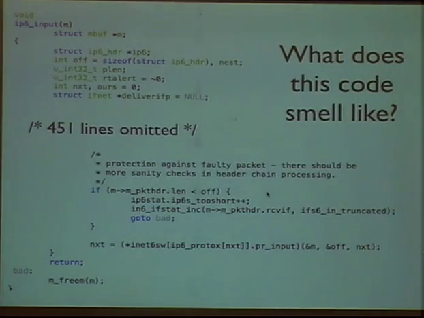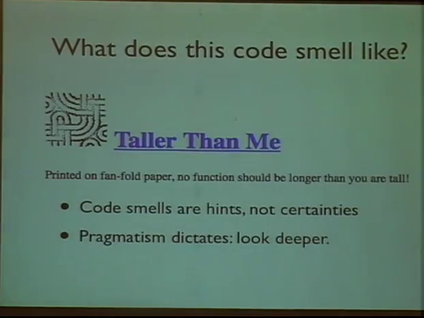But the reason why the story is there is, oh my God, 451 lines omitted in that function? This is a code smell. This has a name on antipatterns.org, and its name is Taller Than Me.